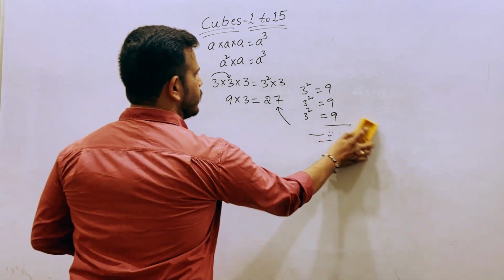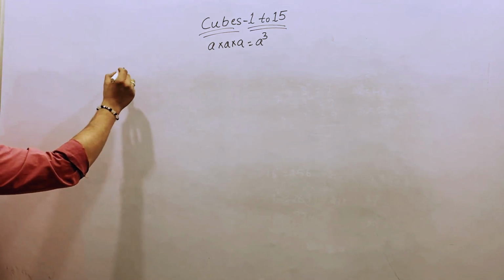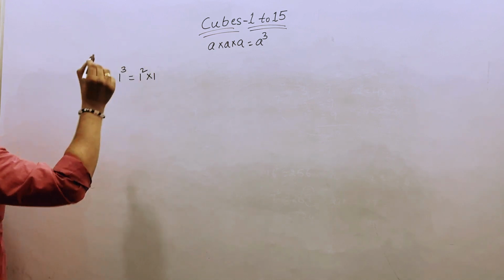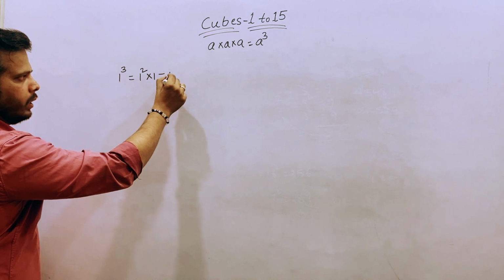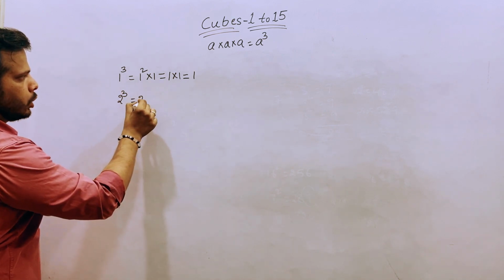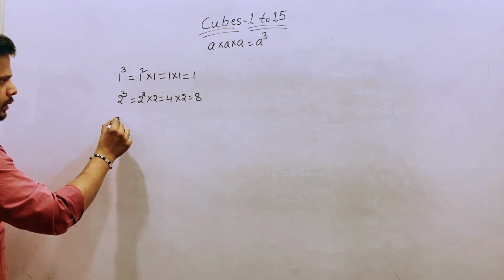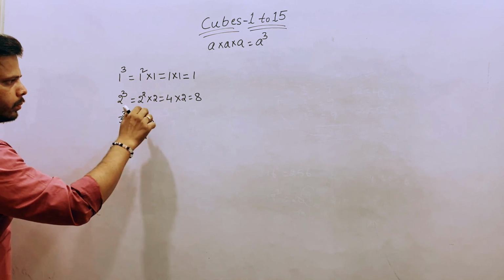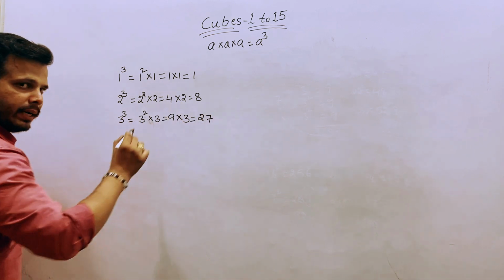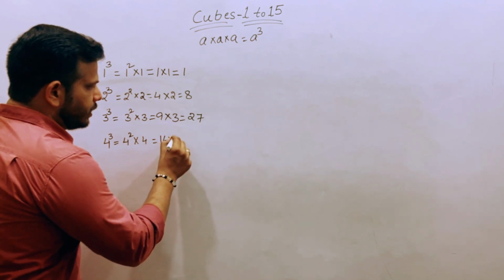Now let me explain you the squares, cubes. 1 cube, it means 1 square into 1. 1 square is 1 into 1 will result as in 1. 2 cube, 2 square into 2, 2 square is 4, into 2, it's 8. 3 cube, 3 square into 3, 9 into 3, which results in 27. 4 cube, 4 square into 4, 16, 16 into 4.